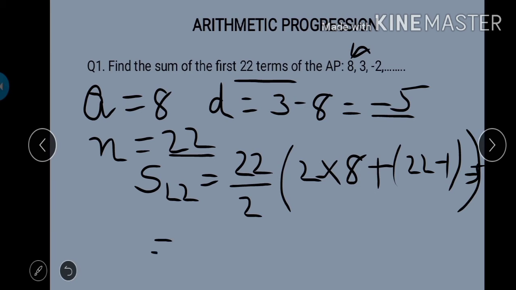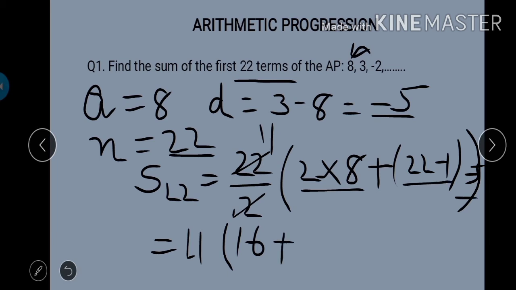So here I have 11 into (16 plus 11 into minus 5, which is minus 55).